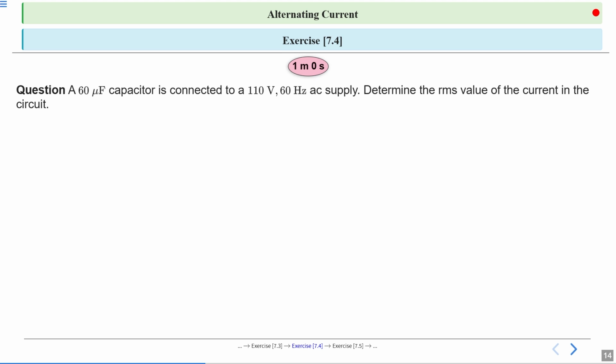A capacitor of 60 microfarad capacitance, C, is given, connected to a 110 volt supply. Since it is not mentioned, 110 volt is Vrms, the RMS value of voltage, and 60 hertz is the frequency nu of the AC circuit. You have to determine the RMS value of current. In the previous question, an inductor was given. In this question, a capacitor is given. The method is the same. So I will give you some time to solve it.